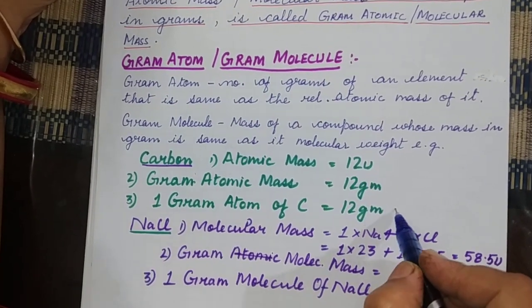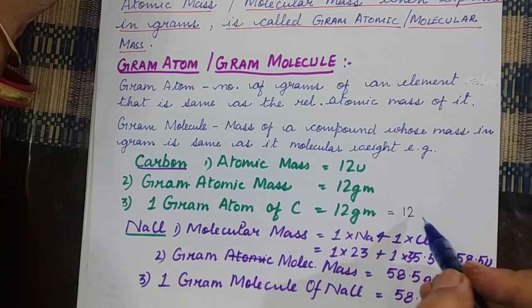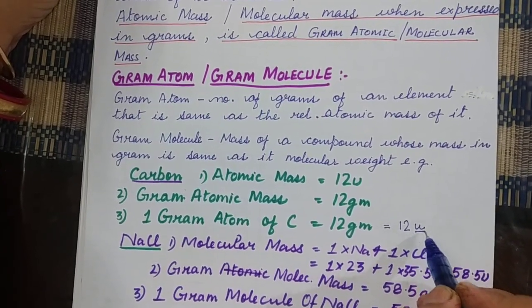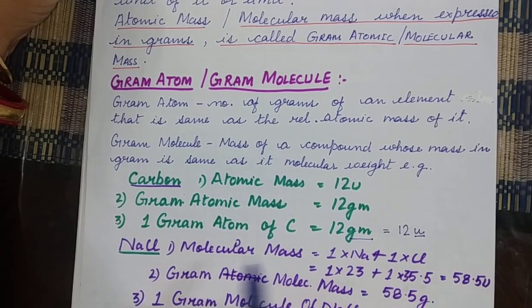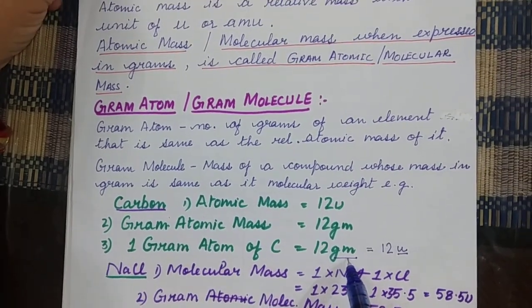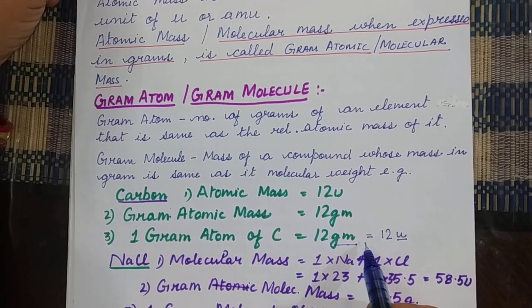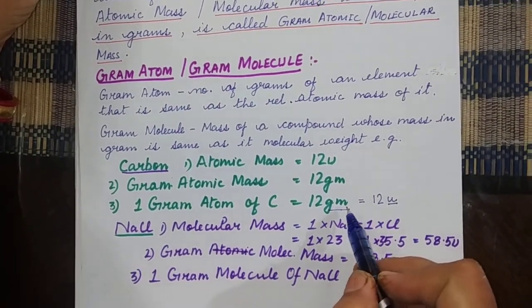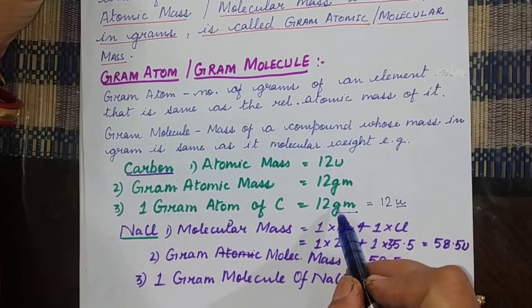Can you see? Only the unit is different. So 1 gram atom will weigh 12 grams, 2 gram atom will weigh 12 into 2, that is 24 gram, and 3 gram atom will weigh 12 into 3, that is 36 grams.